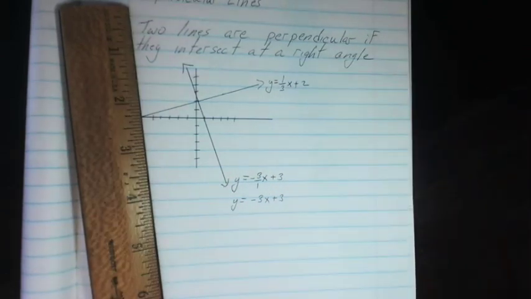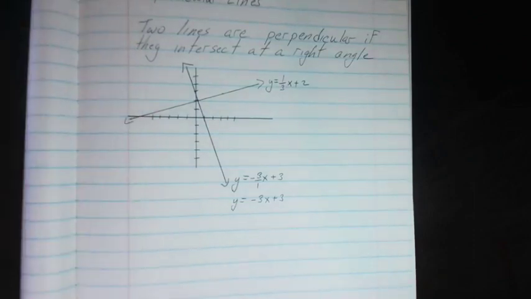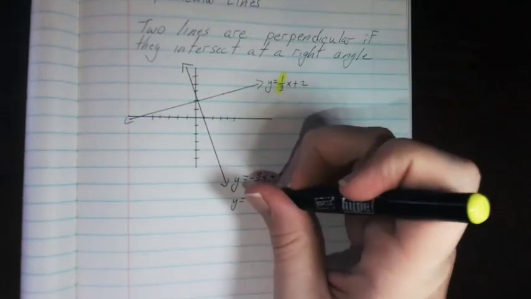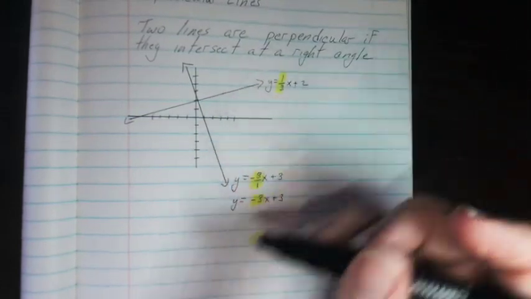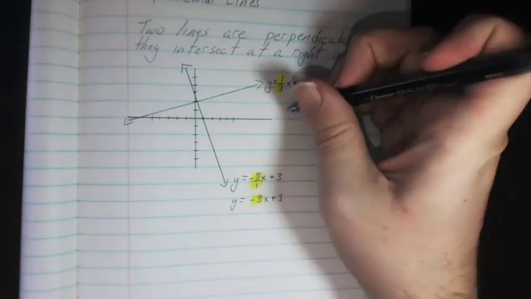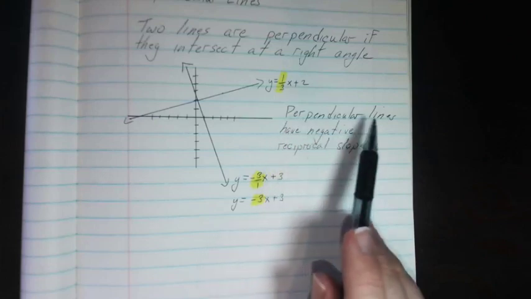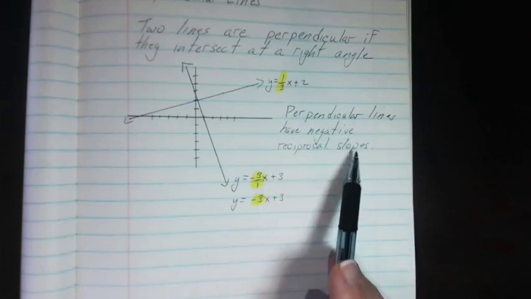Let's look at the slopes. The slopes are the important part with the parallel lines. They're the important part here too. We're going to compare this slope to this slope. Turns out that perpendicular lines have negative reciprocal slopes.